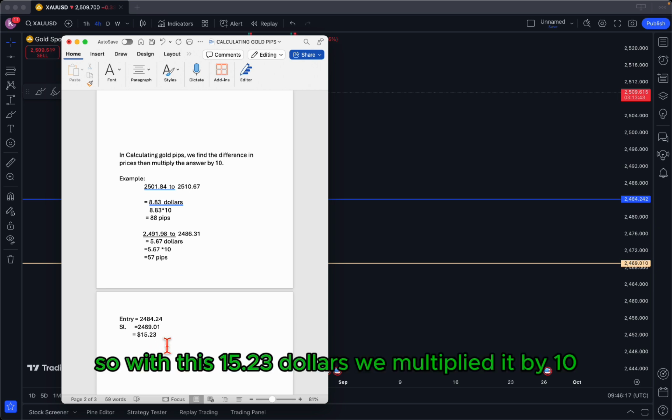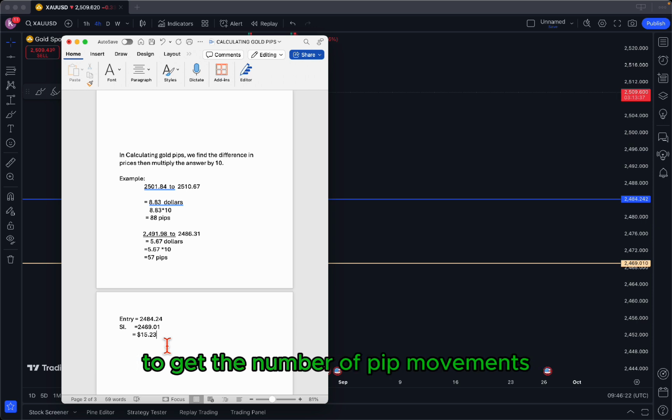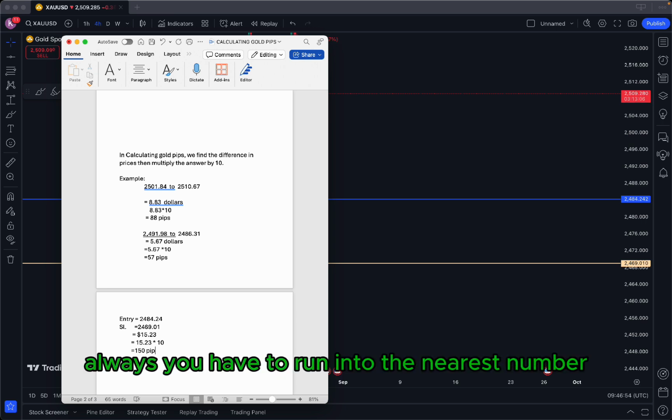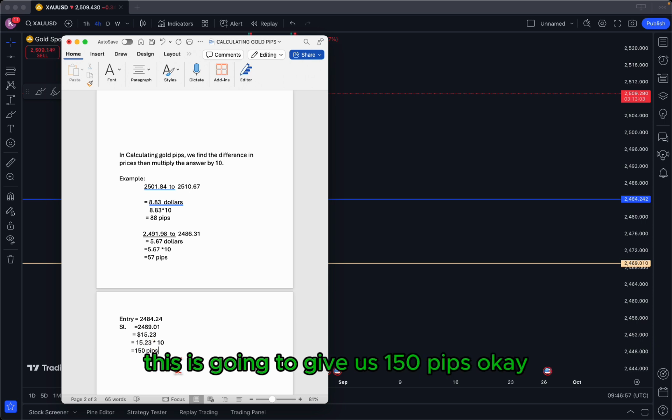So with this $15.23, we multiply it by 10 to get the number of pip movements. So you're going to get 15.23 times 10. That's going to give us 150 pips. So we round it to the nearest number. Always you have to round it to the nearest number. This is going to give us 150 pips.